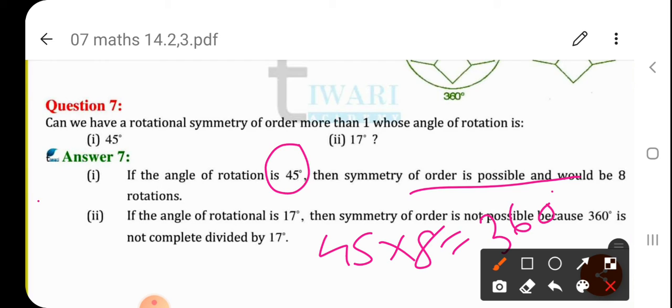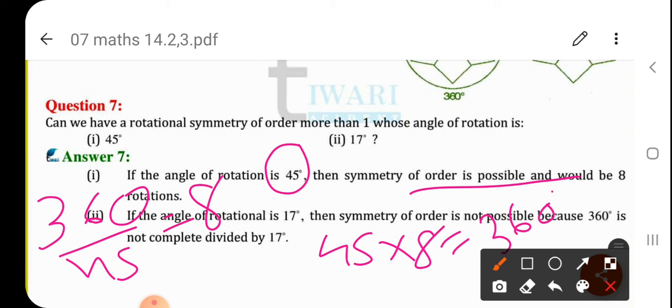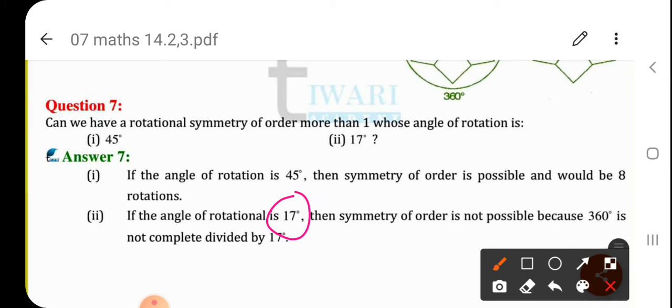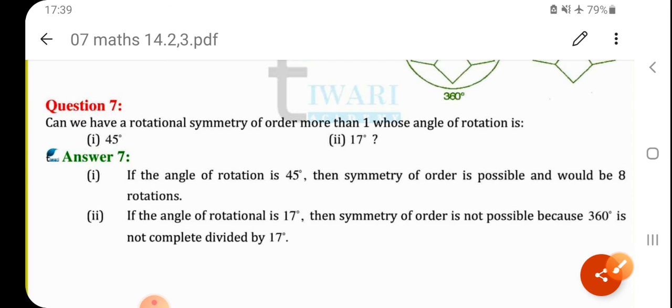So 360 divided by 45 is divisible, which means it's possible. Then 17 degrees: 360 divided by 17 is not possible, so rotational symmetry of order more than 1 is not possible. This is the answer.